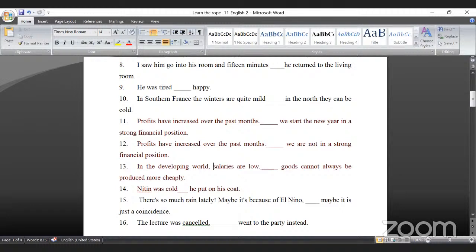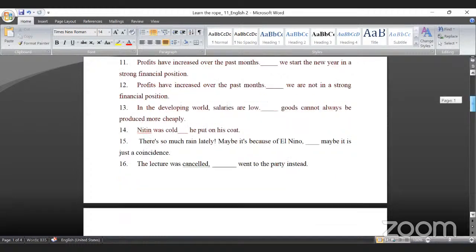Then dash goods cannot always be produced more cheaply. So, you can use anything that contrasts the idea because it says cannot, right? So you can use any word that gives you the contrasting meaning.